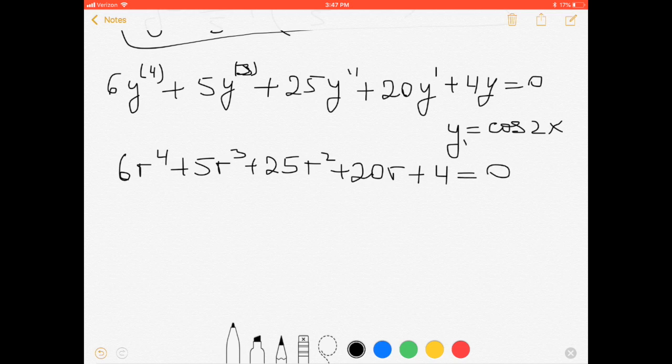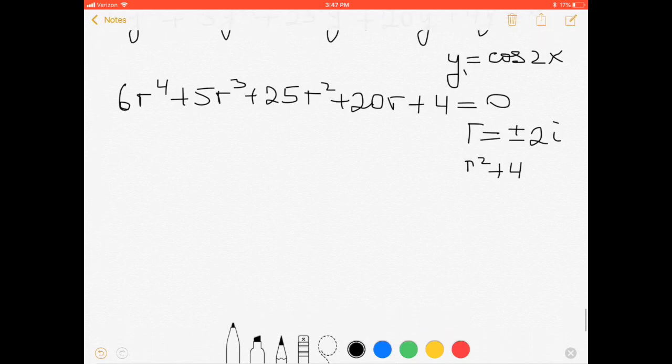Because one of your solutions is cosine 2x, this means r equals plus or minus 2i. This means you have the factor r squared plus 4, because r plus 2i times r minus 2i gives us r squared plus 4.